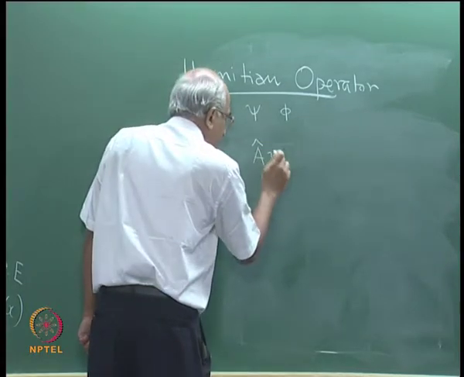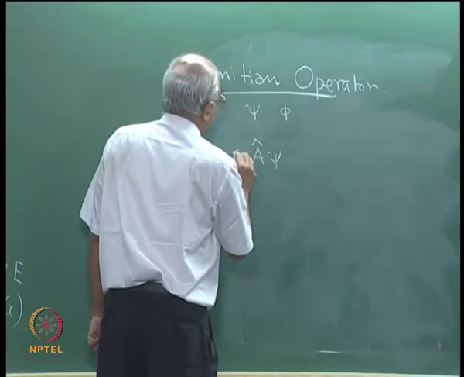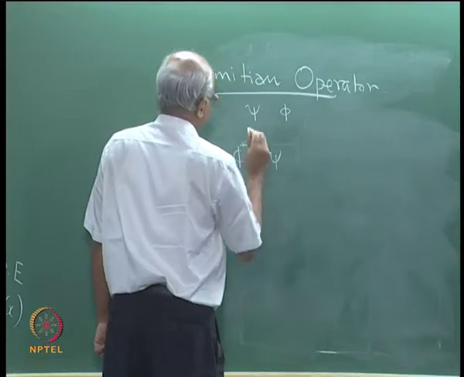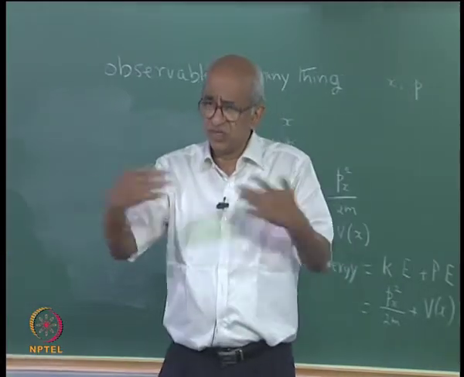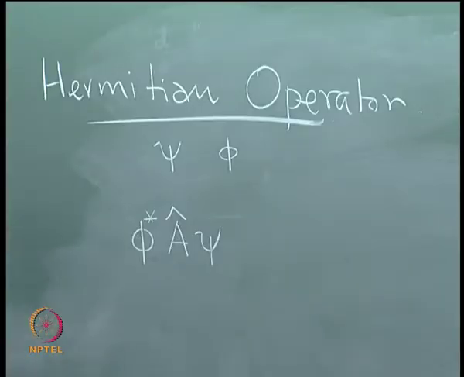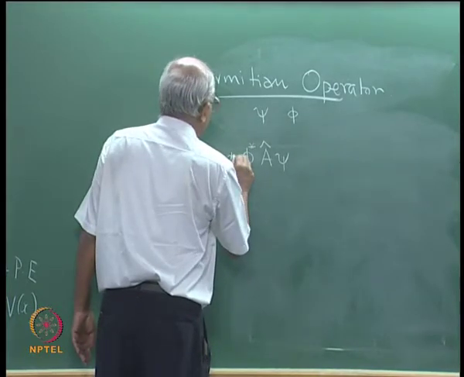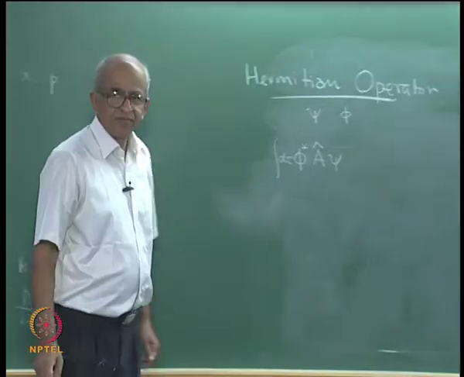If you allow A to operate upon psi, the answer is a new function. I am going to multiply the result by the complex conjugate of phi. What is the result? It will be something new. And I will also multiply the whole thing by the volume element d tau and integrate over the entire space.